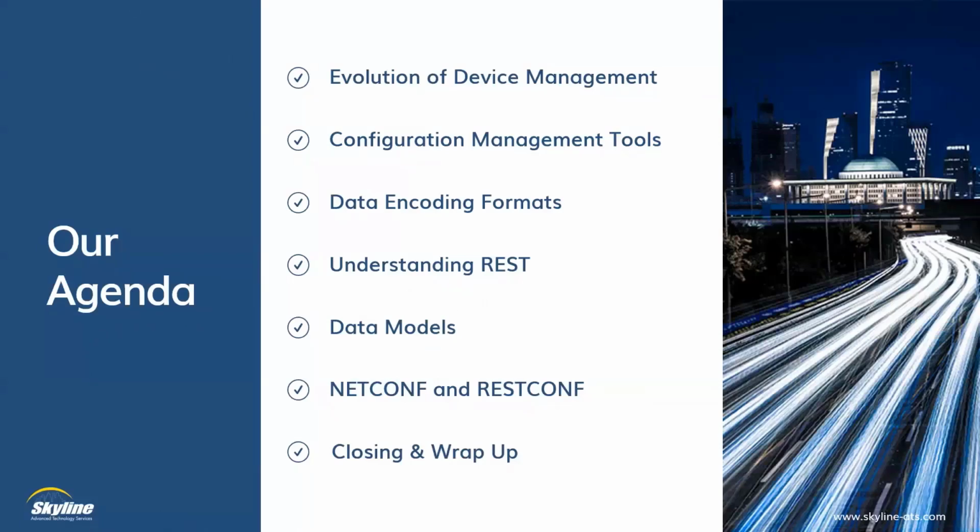We're going to get into a few configuration management tools, or what's known as data encoding formats, understanding REST as an architecture. What are data models? Data models for a router or a switch are very similar to what we'd use to describe a car. We'll get into NETCONF and RESTCONF, and then we'll close up with any questions you might want to ask. And then I'll hand the ball back over to Jessica.